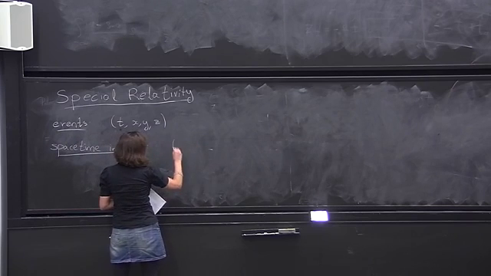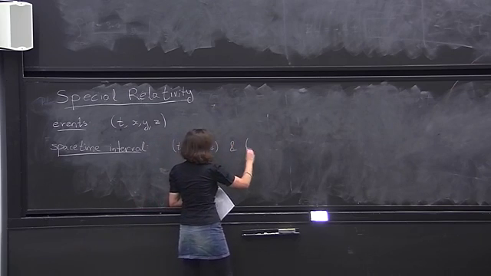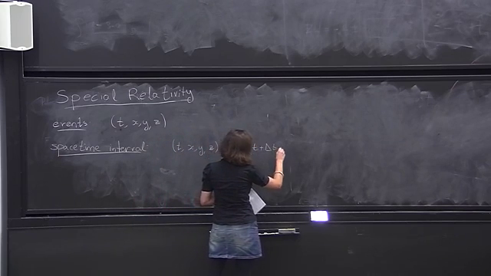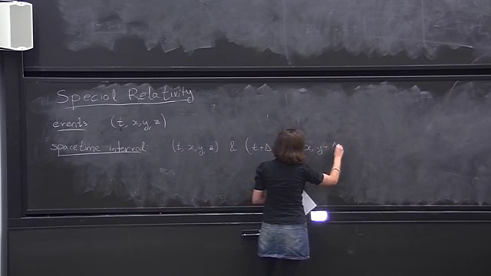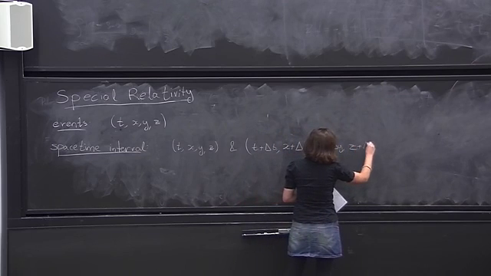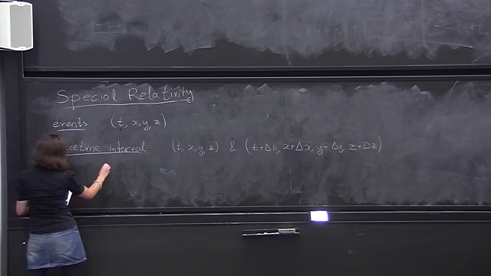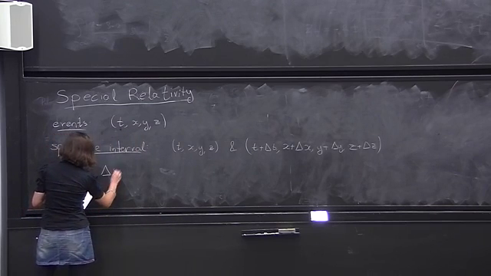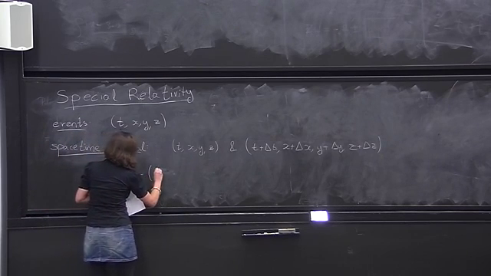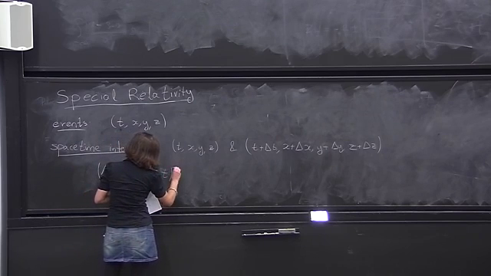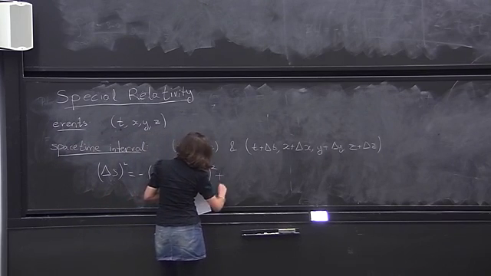Say an event happening at t, x, y, z, and another one at t plus delta t, x plus delta x, y plus delta y, and z plus delta z. The space-time interval between the two events is defined as delta s squared equals minus delta t squared plus the three spatial squares.